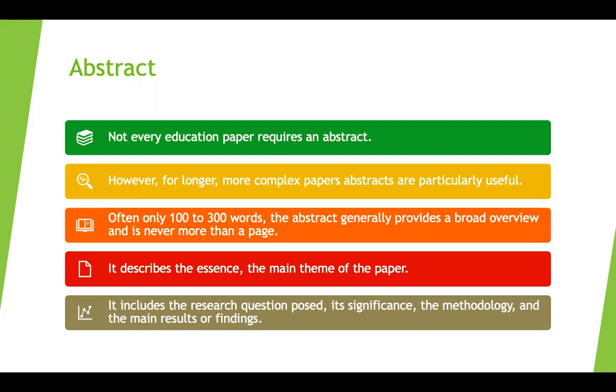However, for longer, more complex papers, abstracts are particularly useful. Often only 100 to 300 words, the abstract generally provides a broad overview and is never more than a page. When you talk about scientific journals, you always have instructions from the journal committee, or the journal management, about the length of the abstract.